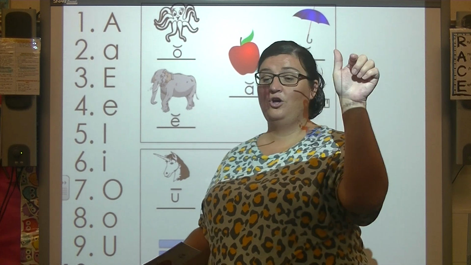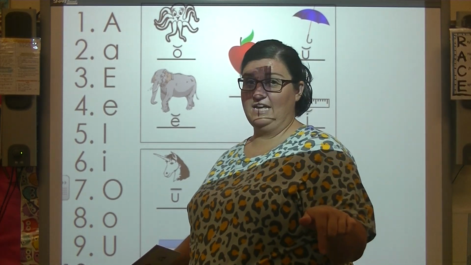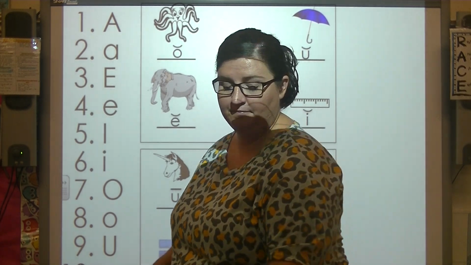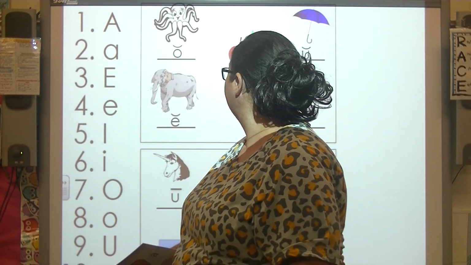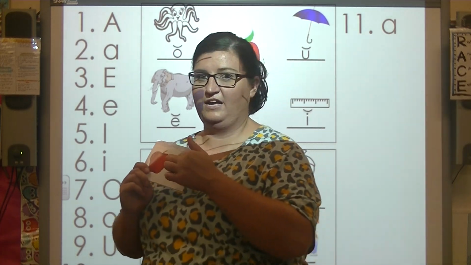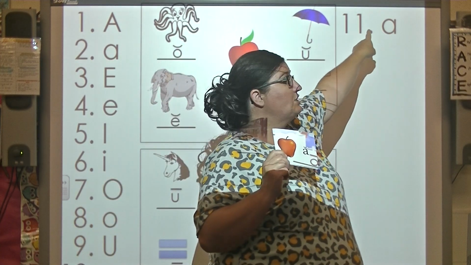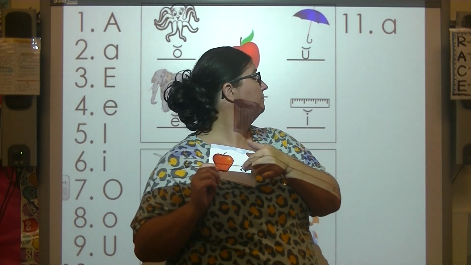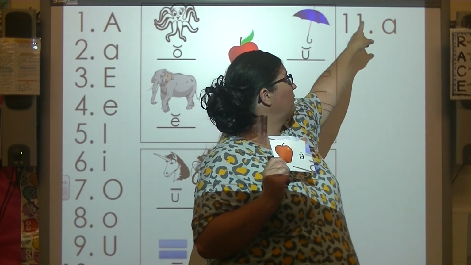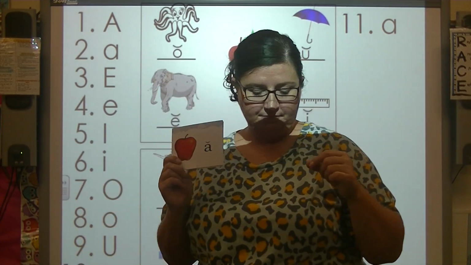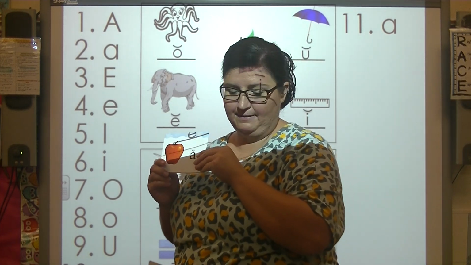Write the sound on number 11 for A. You should have short A with the breve. Now you notice mine is not there. You still have to make your breve. My font will not put it up there, but you have to make your breve because it is a short A.